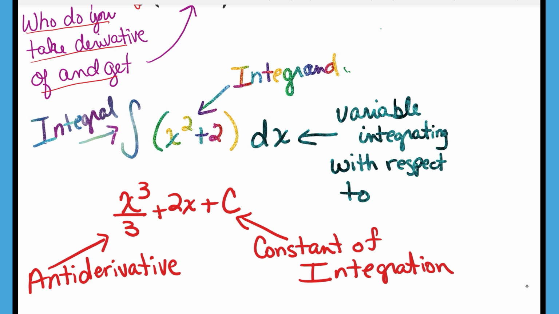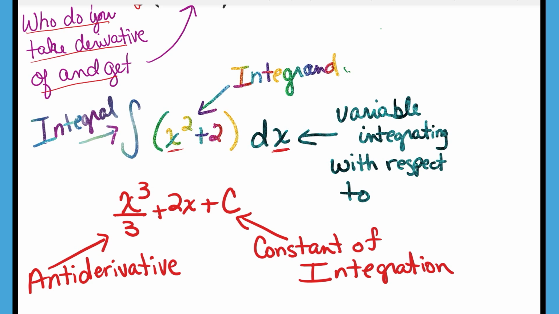So that means you're doing all your rules around the x. And if these 2 variables don't match, then we've got to really contend with that. You know how we did our anti-power rule yesterday? Well, if your variable in the integrand and your d variable don't match, then it's harder to do that, and we'll talk about that a little later.